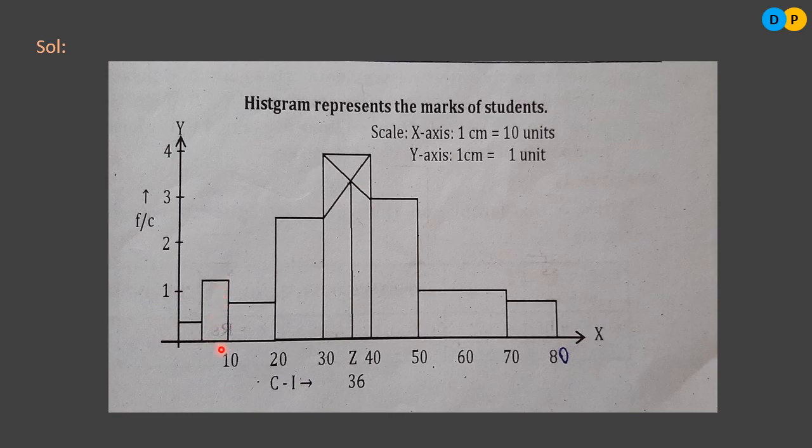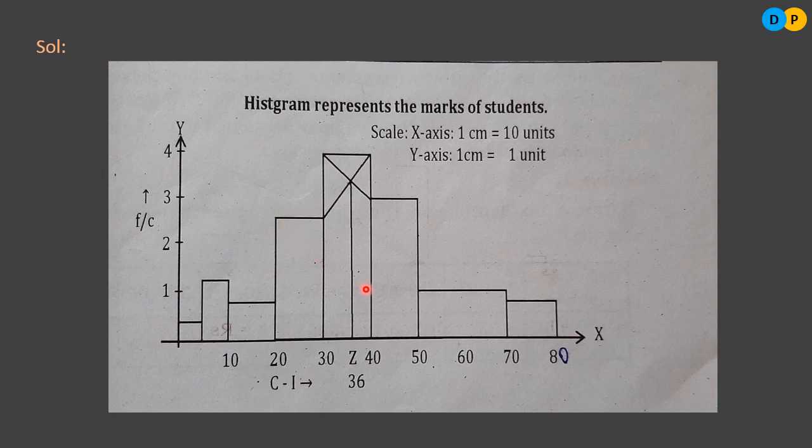Next, for the class interval 10 to 20, please observe that the width of the rectangular bar is a little bigger, wider, compared to the first two bars, because the width is 10 here. For 10 to 20, the frequency density is 0.8. Next, for the class interval 20 to 30, the frequency density is 2.5.